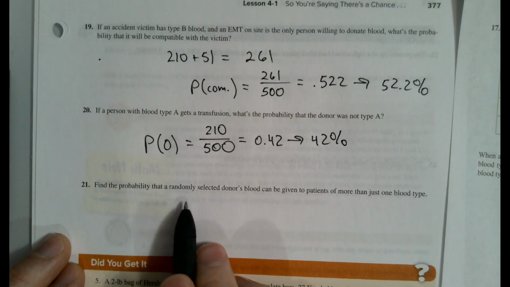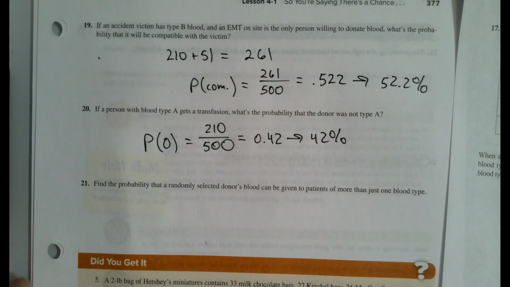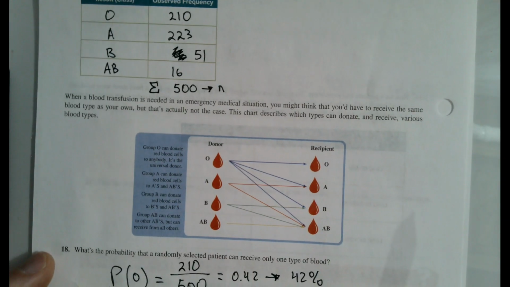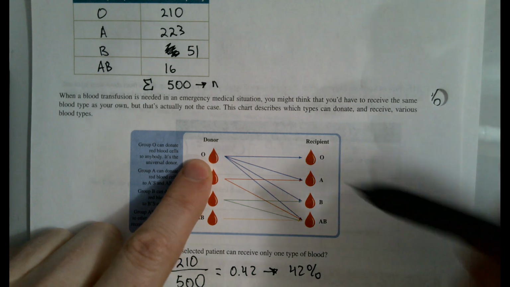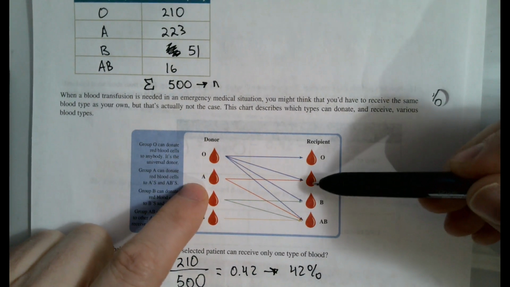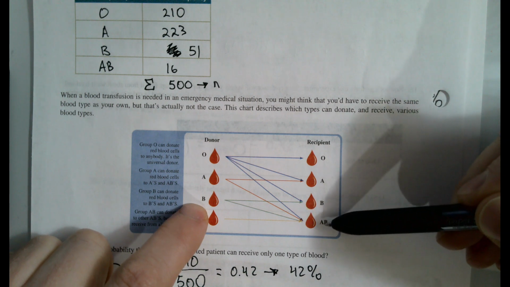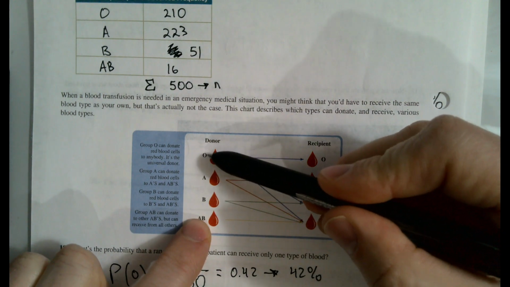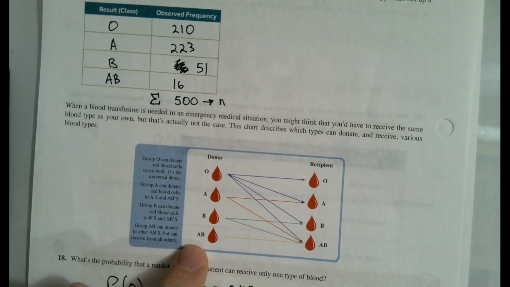Okay, find the probability that a randomly selected donor's blood can be given to patients of more than just one blood type. Okay, who can give to more than one blood type? Type O can give to everyone. Type A can give to A and AB, and type B can give to B and AB. So it's these three types can give to more than one type. So we could calculate this two different ways.